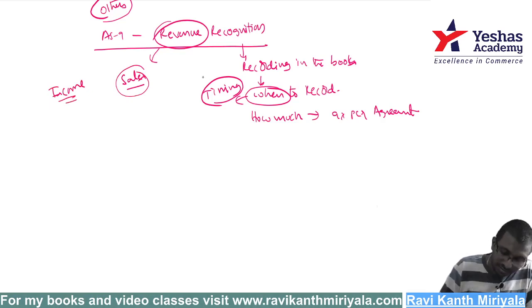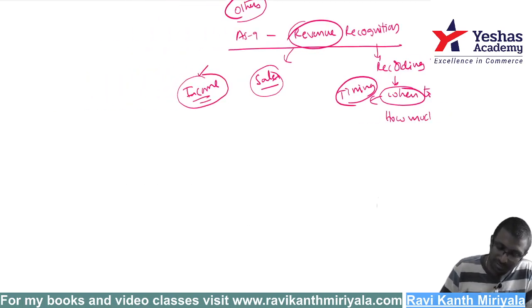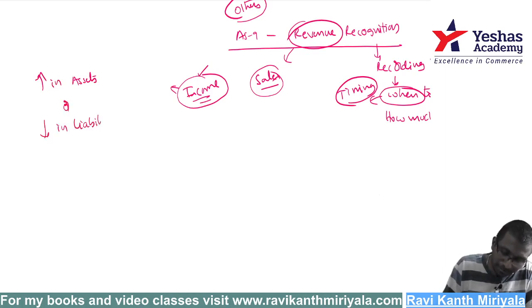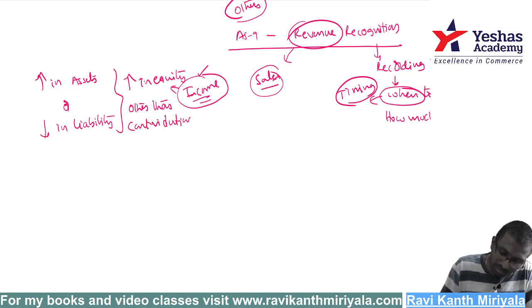This income definition is very broad. I will explain, anyhow I told you already. Income is very simple. It says increase in assets or future economic benefits, or decrease in liabilities, and ultimately increase in equity, other than contribution by equity holders, owners or equity participants.